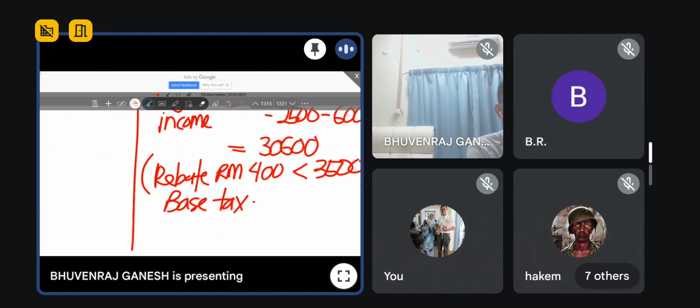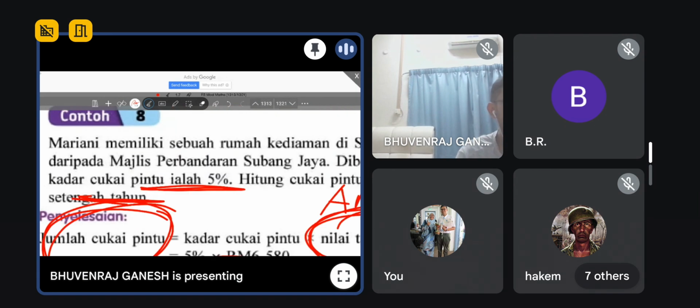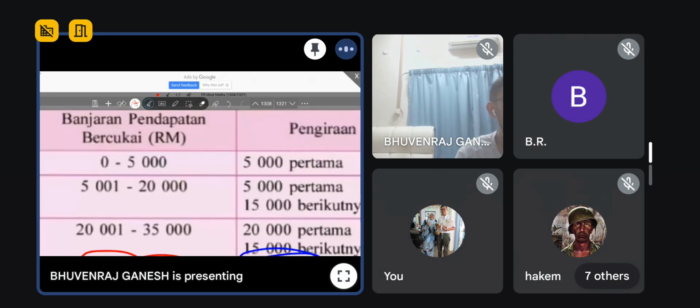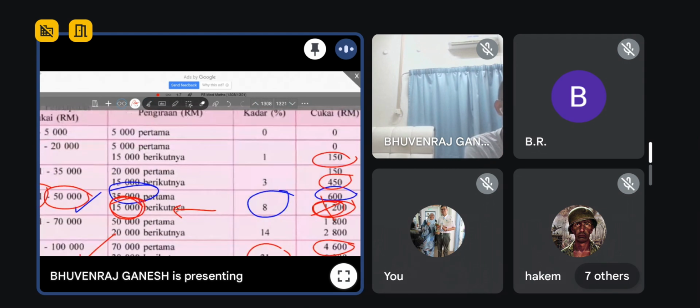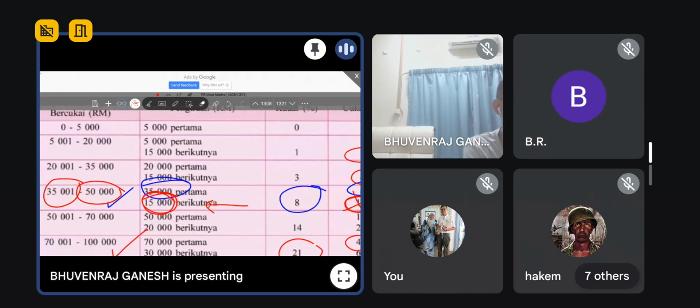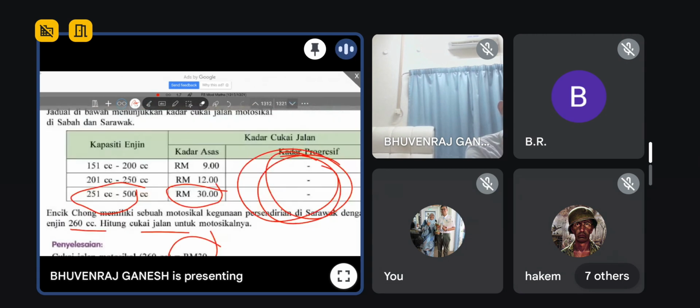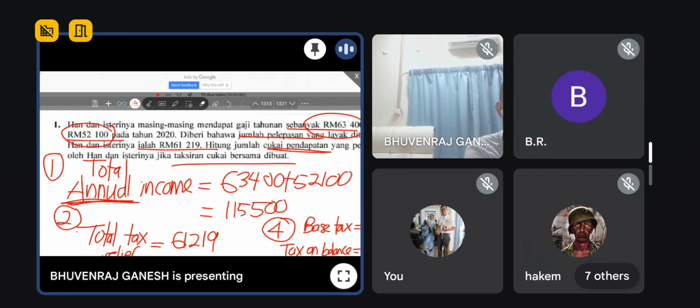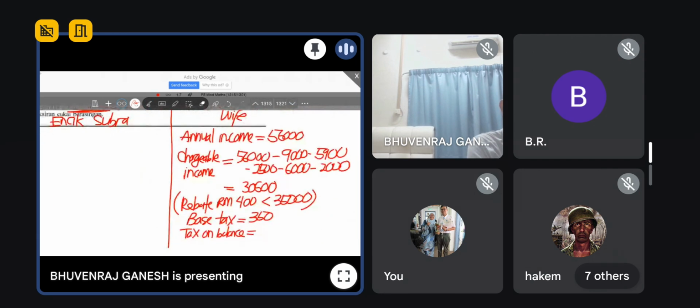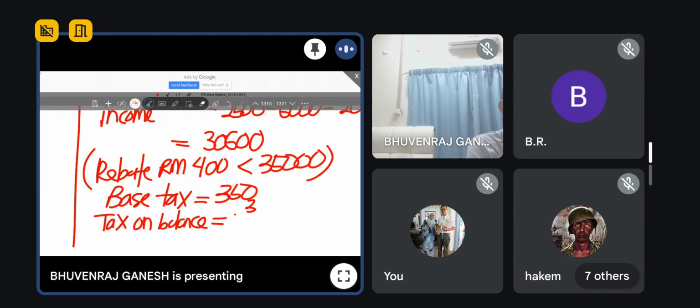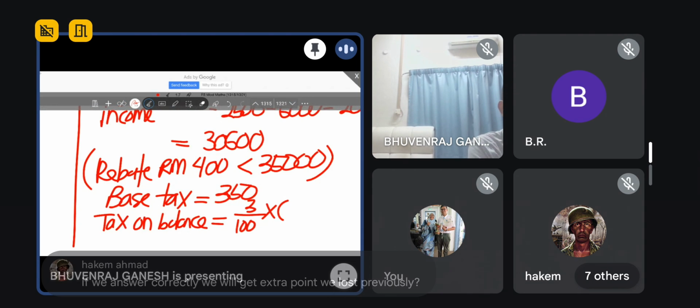Then you can find your tax on next balance. Tax on balance, you use the percentage. Boys team, get ready, yeah? Coming to you soon, Adi. Tax on next balance, you have 8%. Hey, wait, is it 8? Oh, it's 3, sorry, 3%, because less than 35,000. So you take 3% times 30,600.